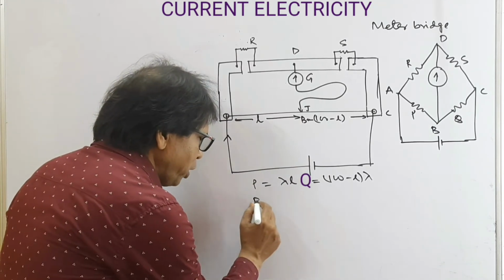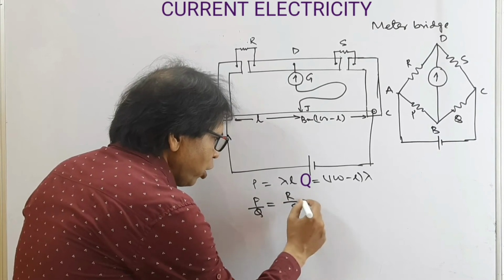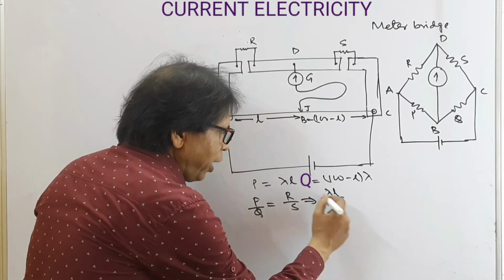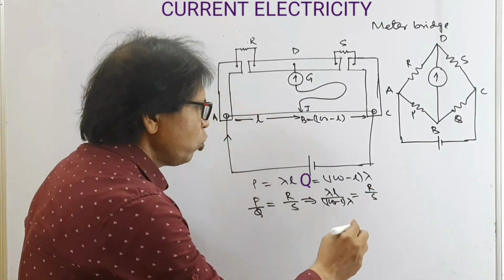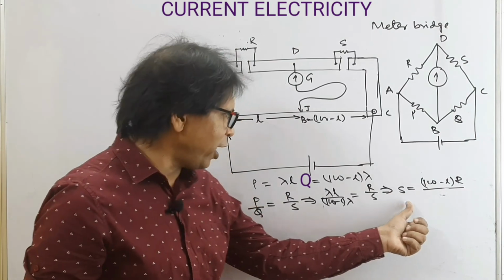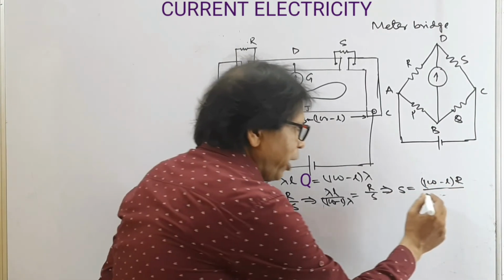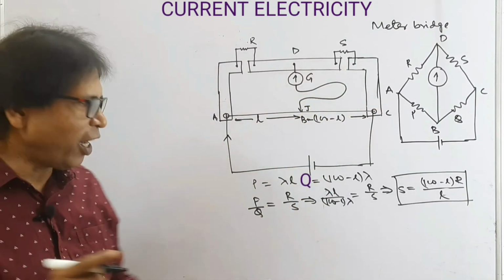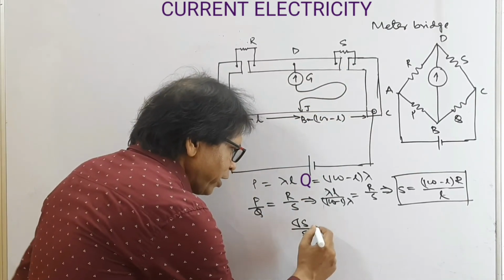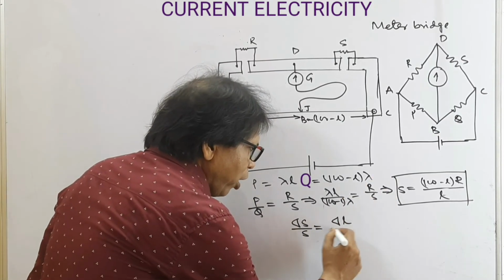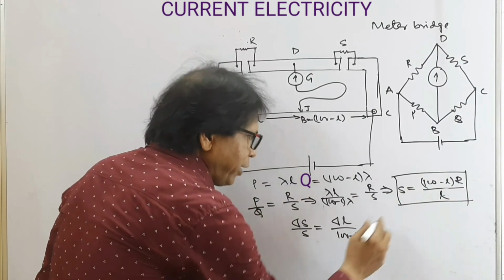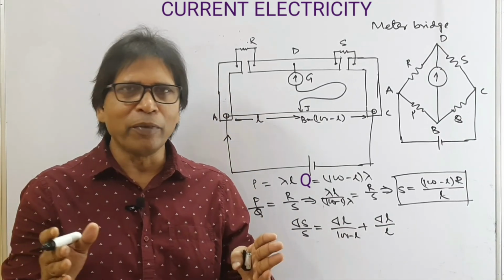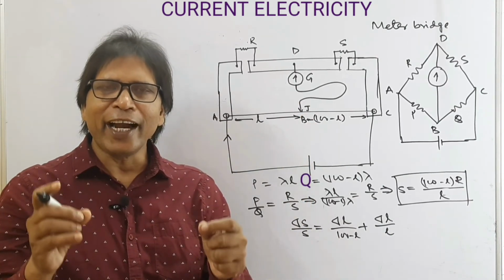Now applying the Wheatstone principle, P by Q equals R by S. So lambda L divided by 100 minus L into lambda is R by S. Now the unknown resistance S is equal to 100 minus L into R divided by L. This formula is utilized to find the unknown resistance S. Now the relative error delta S by S is equal to the relative error of 100 minus L plus the relative error of L. So the relative error becomes minimum if the null point is obtained just at the midpoint.